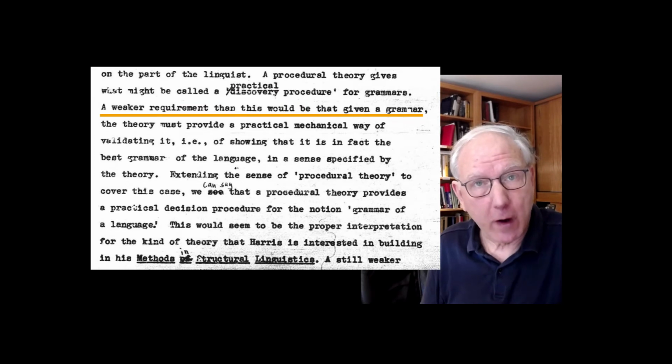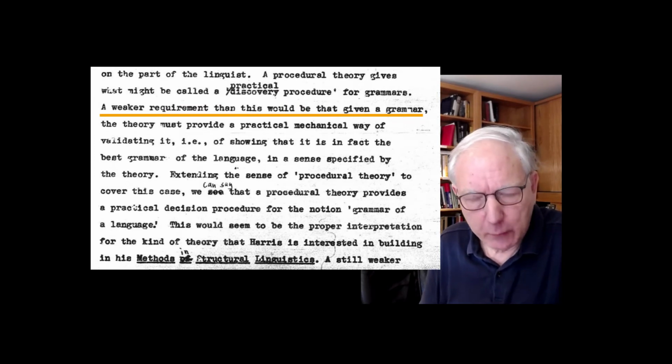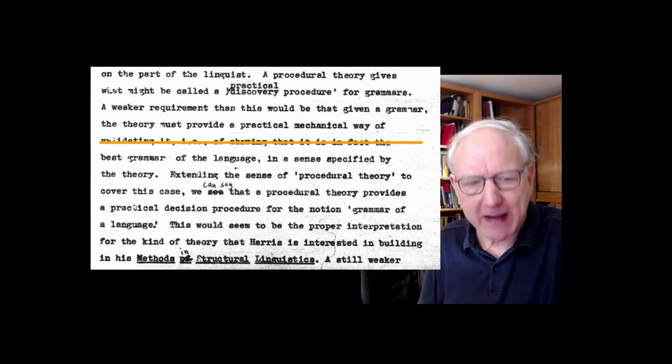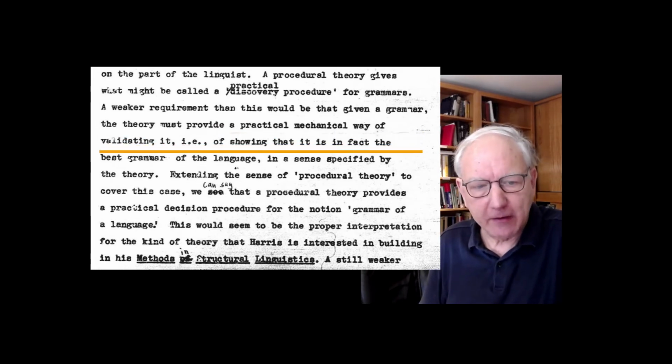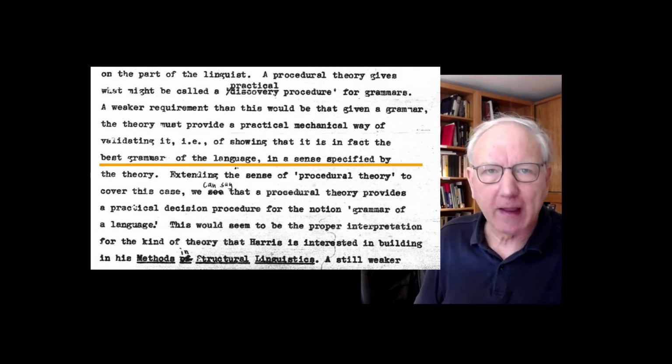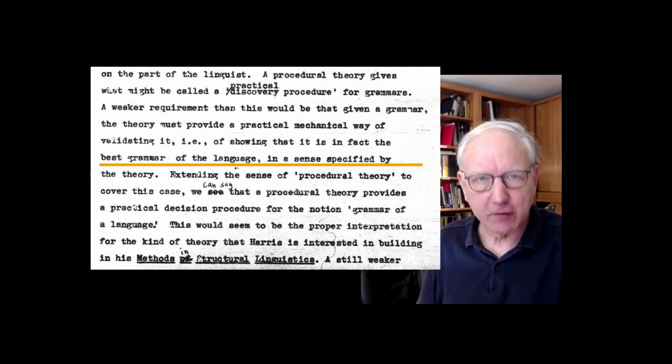A weaker requirement than this would be that given a grammar, the theory must provide a practical mechanical way of validating it, that is, of showing that it is in fact the best grammar of the language in a sense specified by the theory. So that's the second approach in Syntactic Structures, as you'll write it a year or two later. The second approach is hugely different from the first.